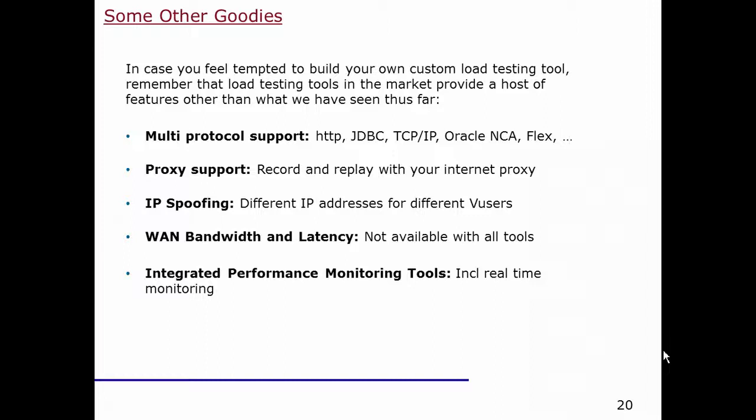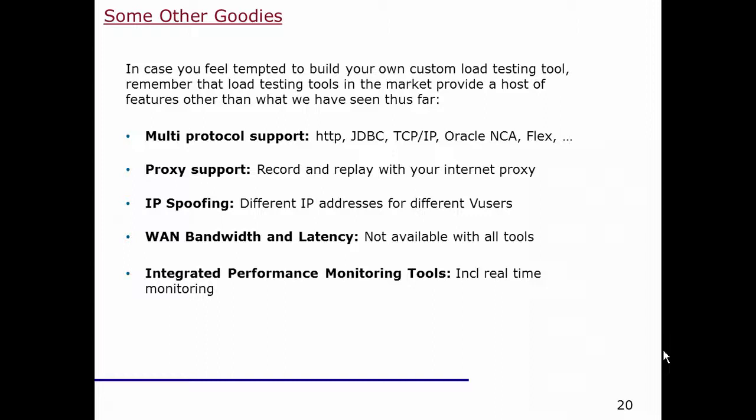If you're load testing within your LAN environment across one or two desktops, the IP addresses are the same. But what if you want to be able to load test with a load balancer that would do the balancing based on IP address? Well, you have tools that give you IP spoofing so that they assign different IP addresses to different virtual users, and this way the load balancer will think as if it's a real user coming into the system.